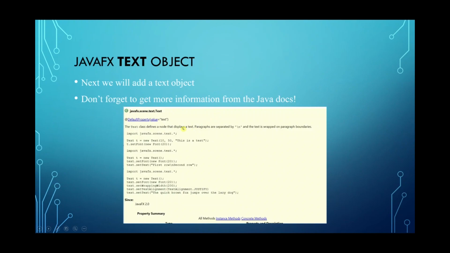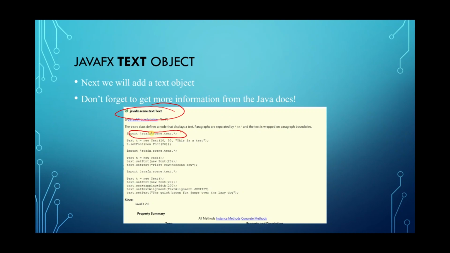Then we are going to add a JavaFX text object. Now, always remember that the Java docs are your friend. So always read the Java docs if you struggle with how it's being used. Here it is.